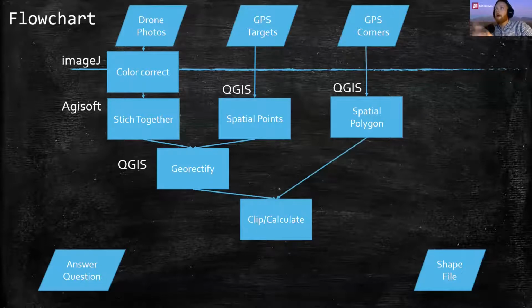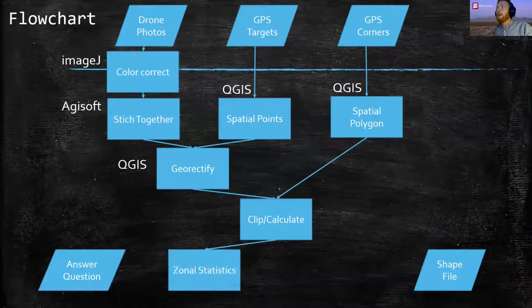From there, we'll clip out the individual sections of the farm fields that we want with the polygons. We can do zonal statistics, and also we'll calculate our NDVI values from the previous step, and that will hopefully answer the question of which one is greener and has less soil coverage.